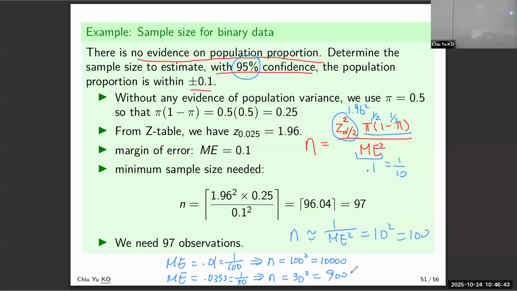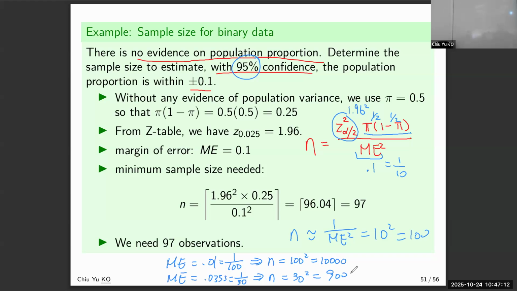And that's why in the US, although it's a very big country, they only need 1,000 observations every time. Because when you ask binary data, it doesn't really matter. No matter how big the country is, you just ask 1,000, sufficient. Say even in China, with billions of people, you just need 1,000 data. You don't need to scale up that much.